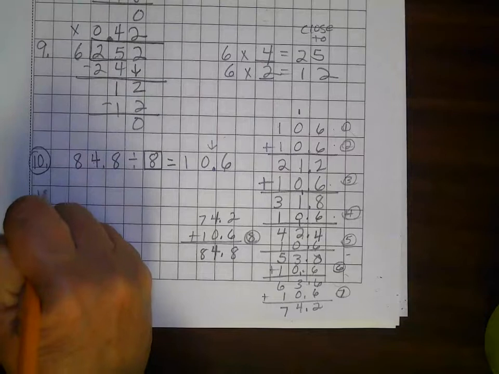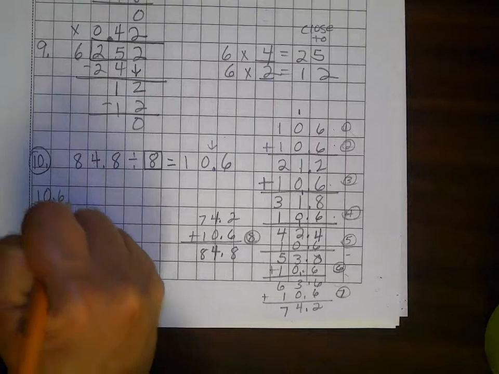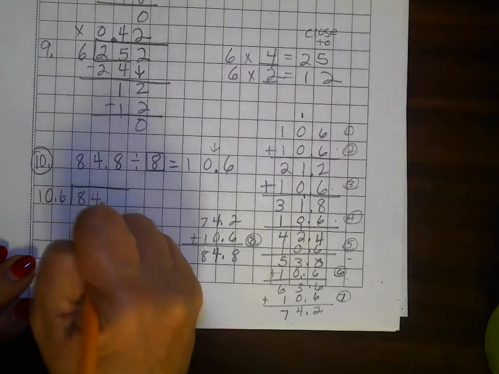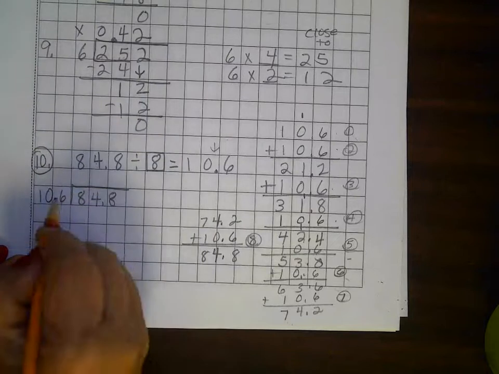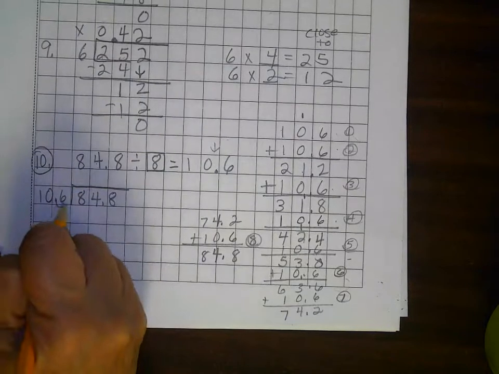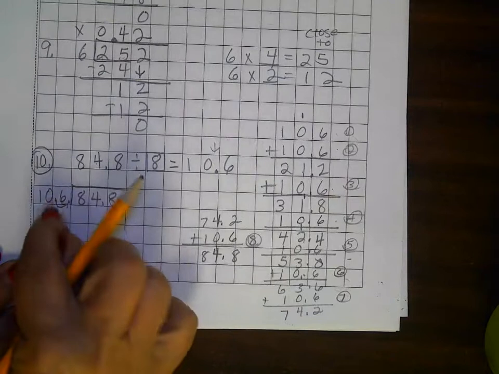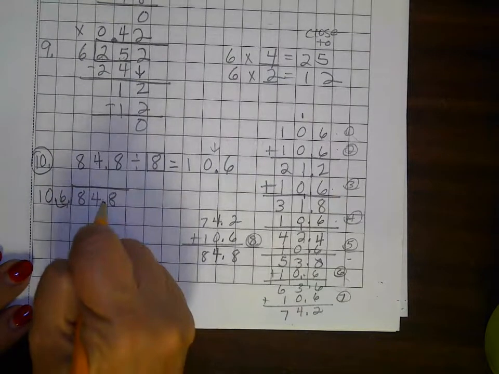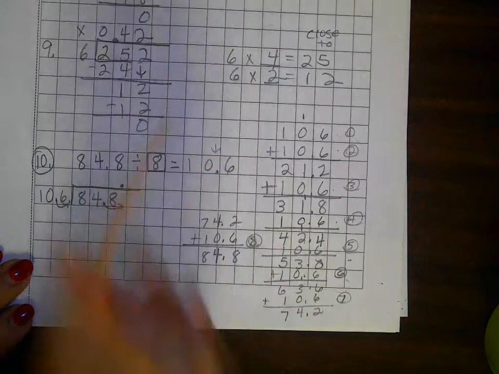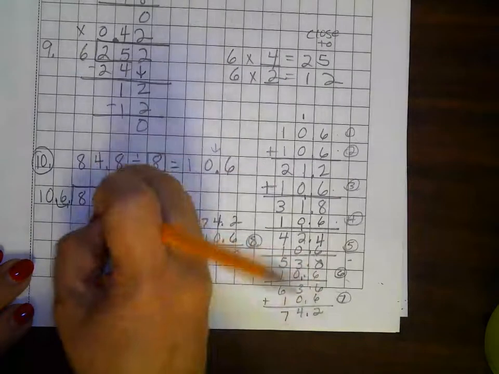So with some of the kids I've shown, it was 10 and 6/10 divided into 84 and 8/10. If you have a decimal in your divisor, you're going to move this to the right. Whatever you do to the divisor, you've got to do to your dividend and move that out and bring it on top. Okay, so now this doesn't exist.